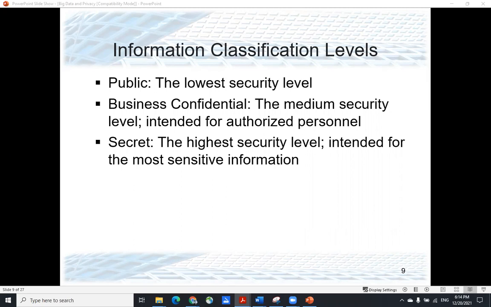But you have another level of information classification, which is business confidential information, and that's a medium security level, intended for authorized personnel. And then you have secret, which is the highest security level, and that's intended for the most sensitive information. So when you say secret, it means it should stay secret, and nobody should have access to it except authorized people.